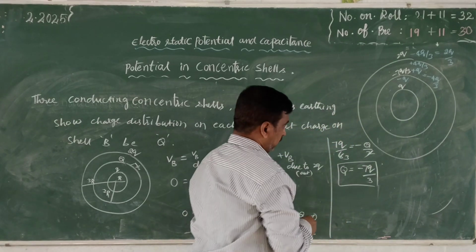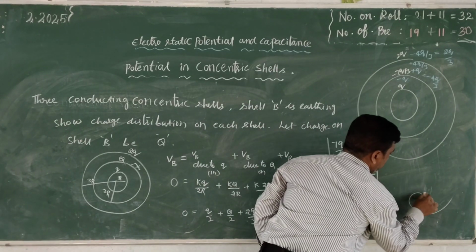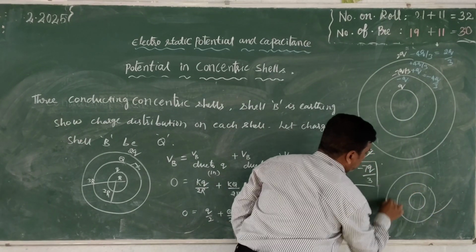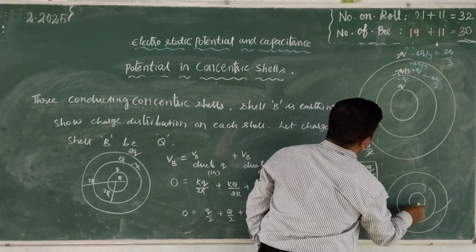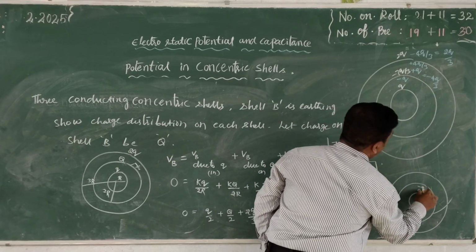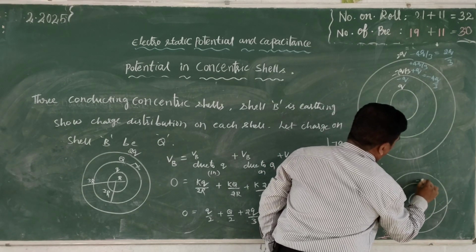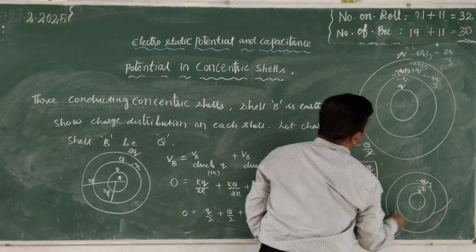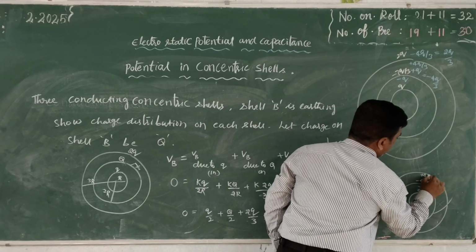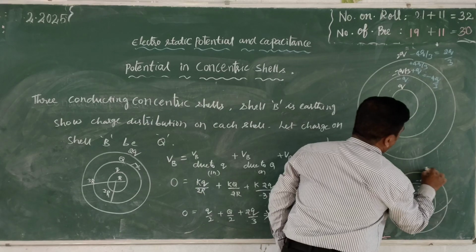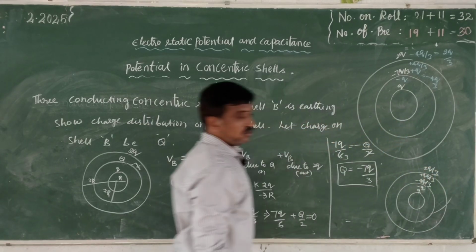Again I write here: this is the first shell, second shell, and third shell. On the first shell, no charge inside; the surface has q, then minus q, then minus 4q by 3, then plus 4q by 3, then 2q by 3. Like this the charge distribution takes place.